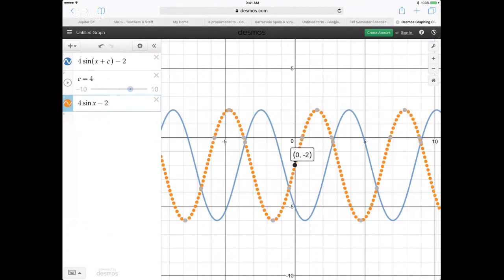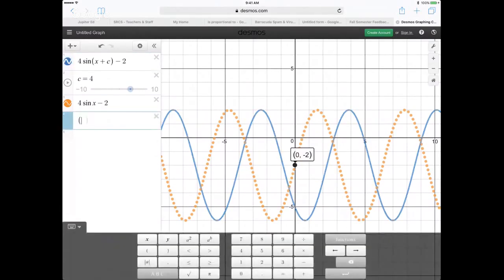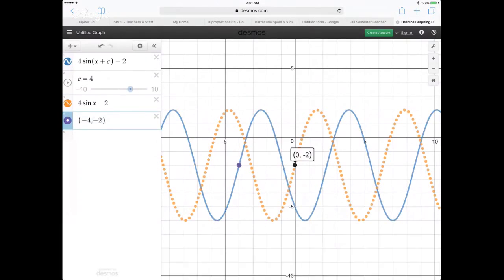And this spot now became this spot right here. It moved left 4. So I'm going to highlight that spot, -4, -2. So far, so good, Richard?